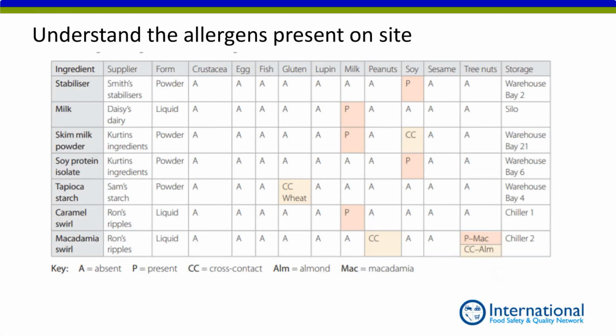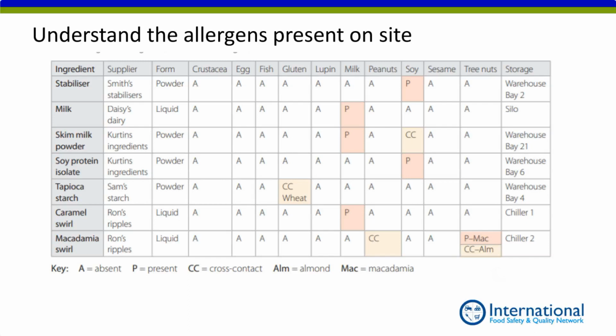Nobody is saying that you have to have environmental monitoring only for the microbiological hazards, because FSSC, if you're certifying, will say microbiology, but if you include allergens, nobody will say you don't have to do it. It's okay to do it, so we need to understand the allergens present on site. This is the second kind of hazard that exists there.